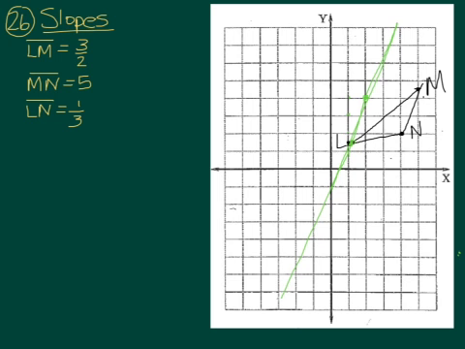Now let's do the same thing with mid-segment M. We know it's going to be parallel to the opposite side, which is LN, and LN had a slope of 1/3. So from point M, I need to rise 1 and run 3, which is actually going to be off of my graph. So I'm going to go down 1 and left 3, and that lands right here where we had our other point.